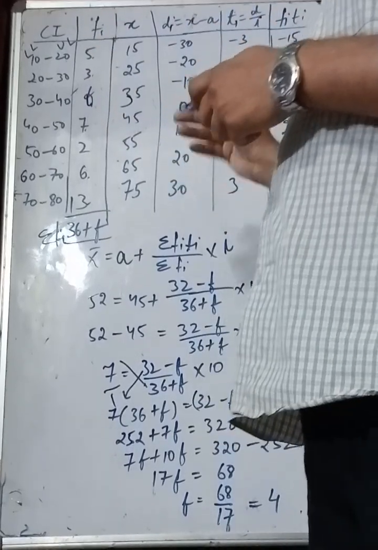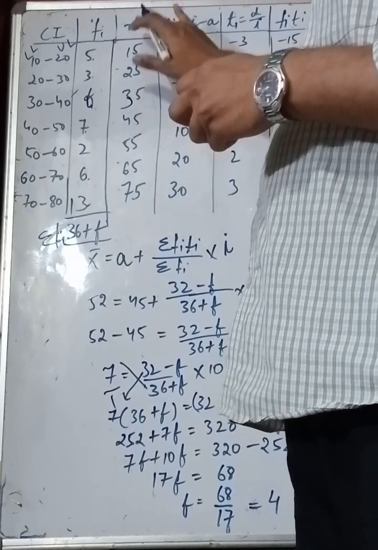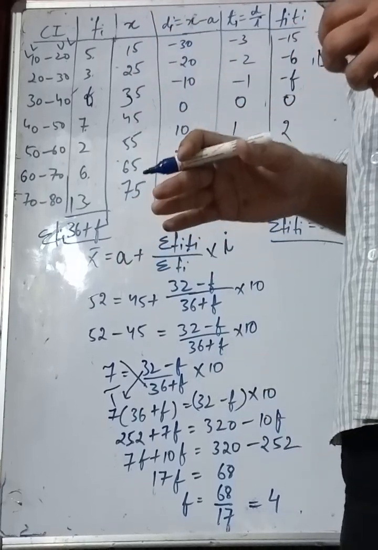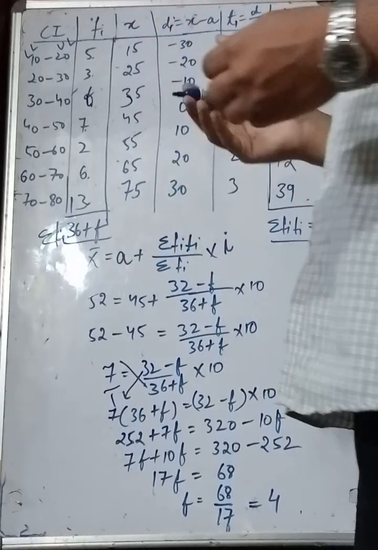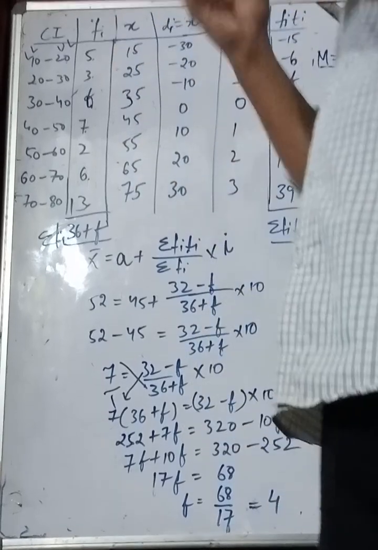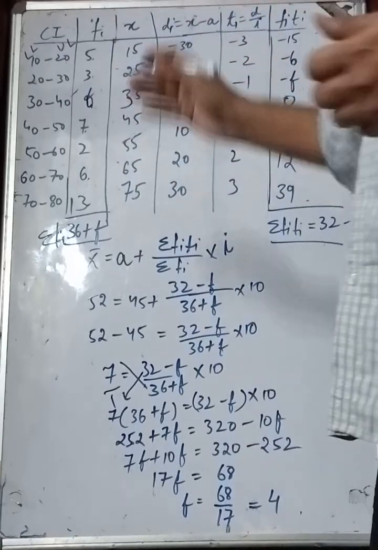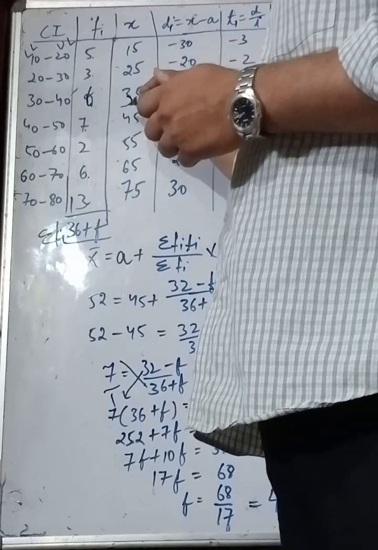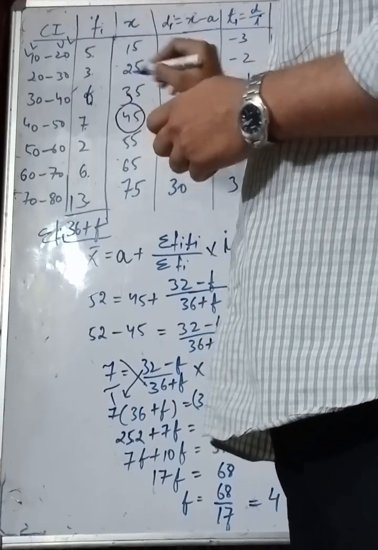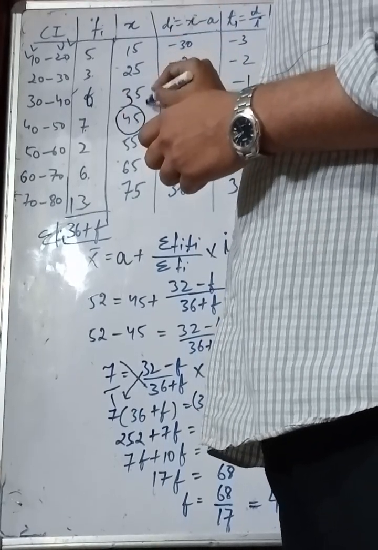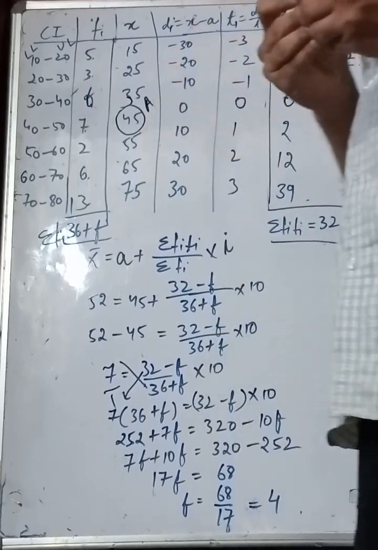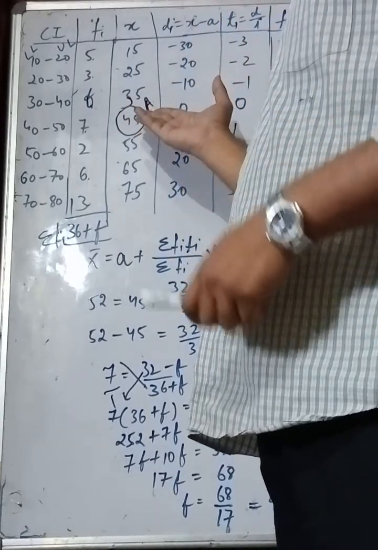We just take any value from the column of x. Mostly, we pick the mid value from the column of x. The mid value here is 45, and we can assume it as the assumed mean.